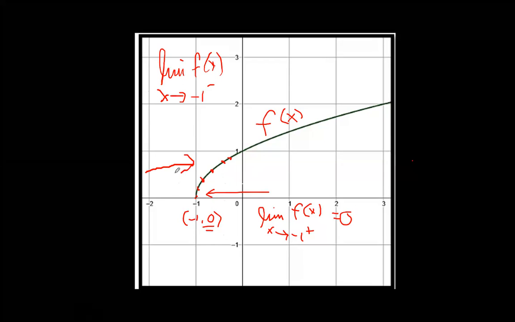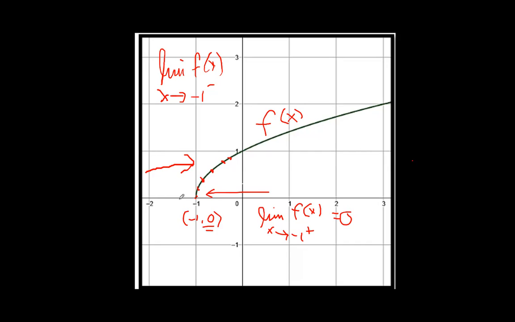Since we can't see any points on the left side of -1, the one-sided limit of this function at -1 from the left is undefined, or does not exist, since there are no points on the given values of x.